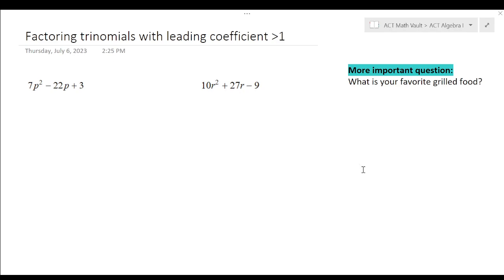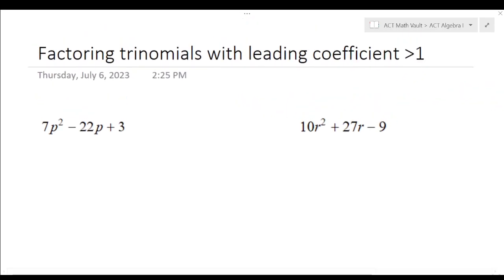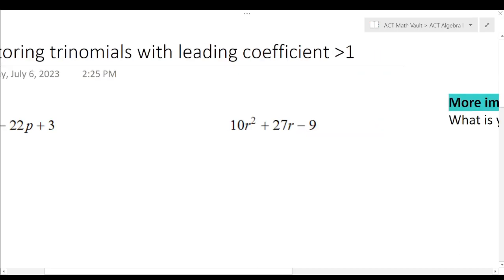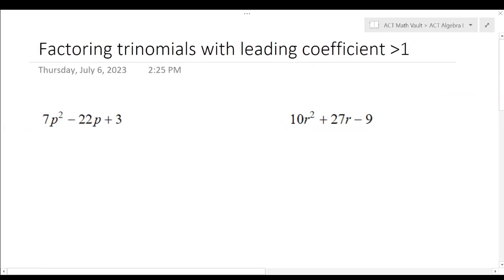And the reason is they think that they can use the old factoring method of trinomials where you figure out what multiplies to 3 and then what adds to negative 22. But if you were just asked to simply factor these two problems, well, you can't take out a GCF, right? A greatest common factor.